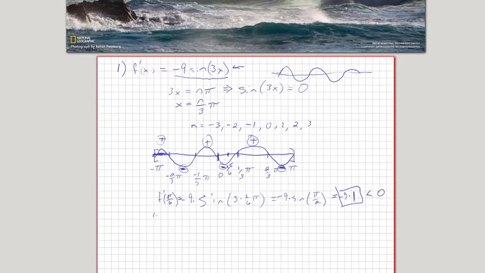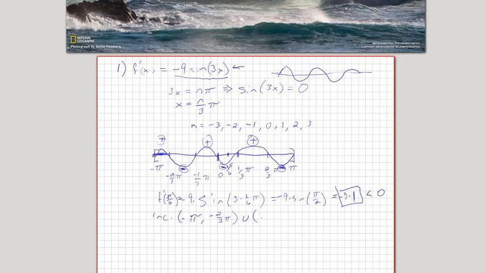So we would say it's increasing on the interval negative pi to negative 2/3 pi.